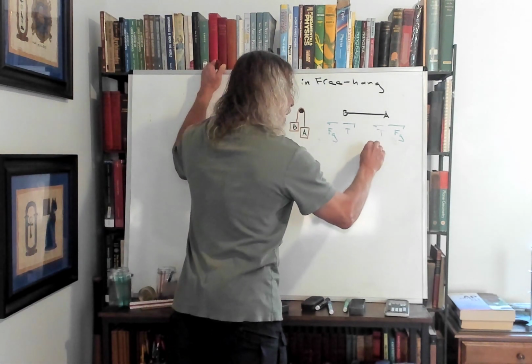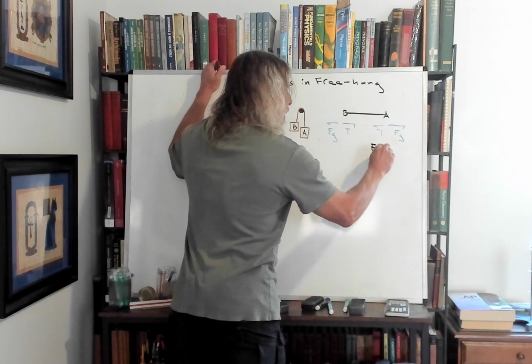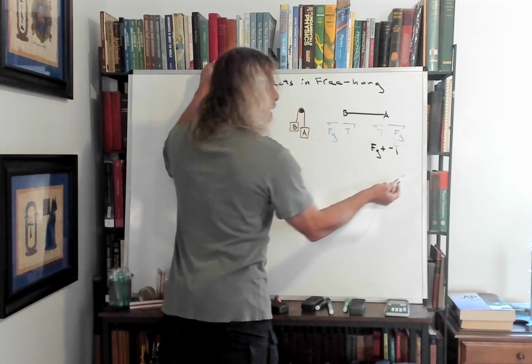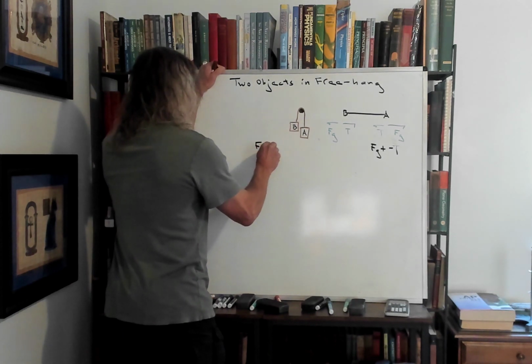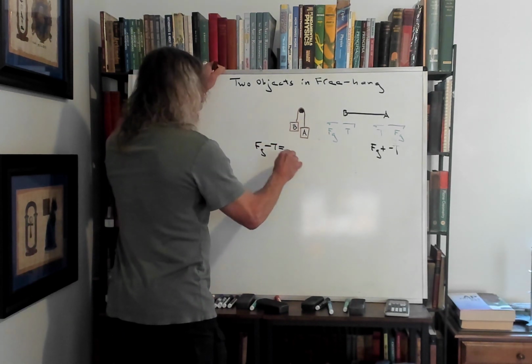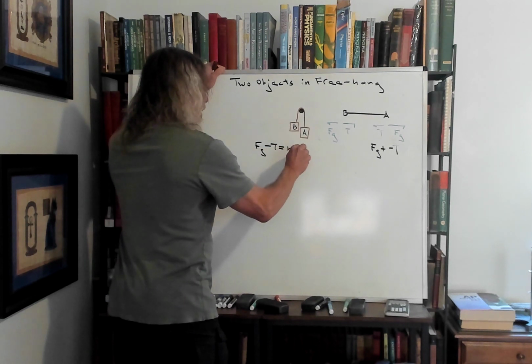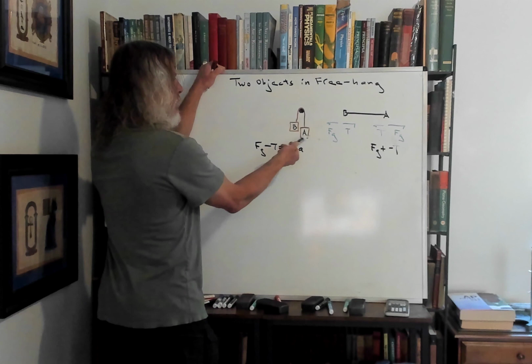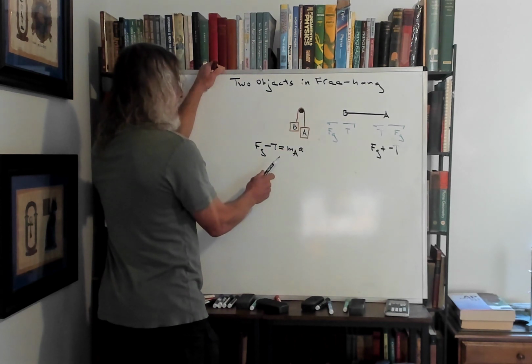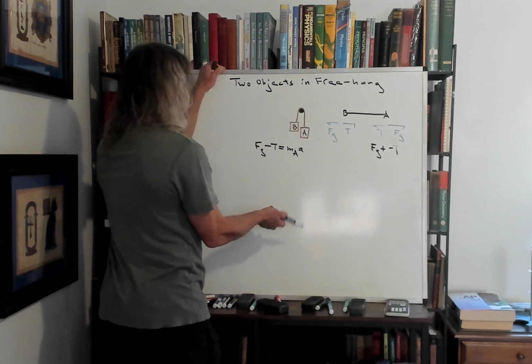So this would be Fg plus negative T, and that's Fg minus T. And that equals the mass of A times acceleration. Since they're connected, acceleration will be the same, and the tension in the rope is uniform, the same.